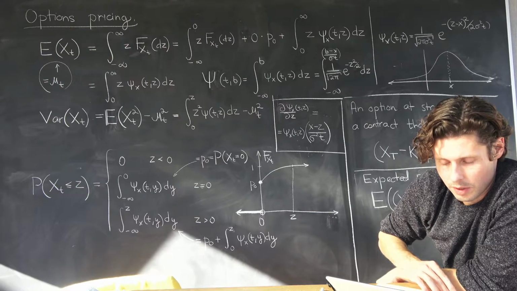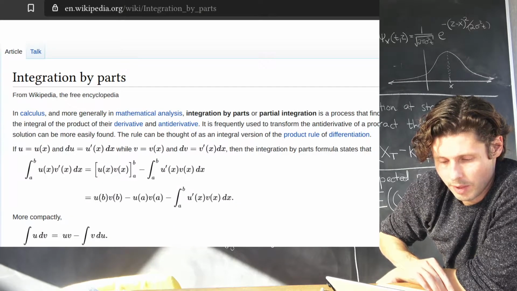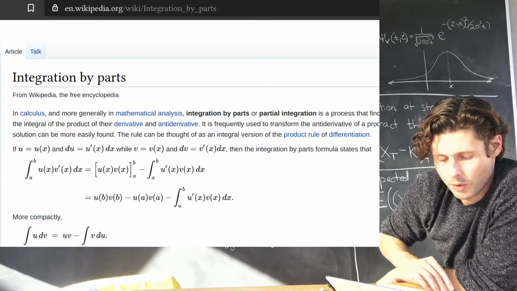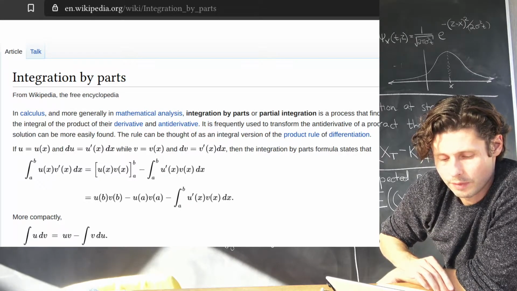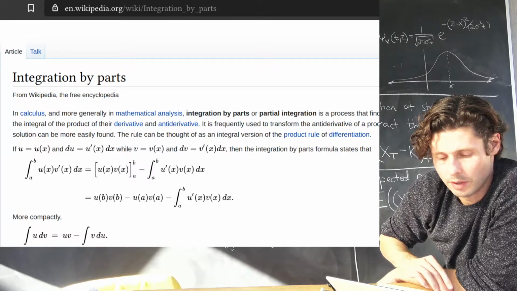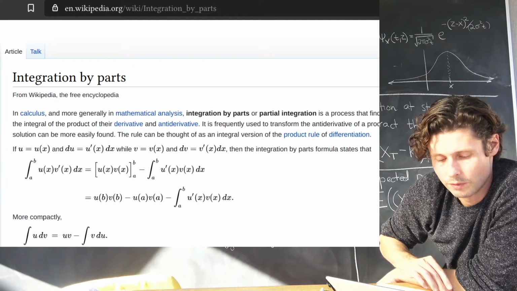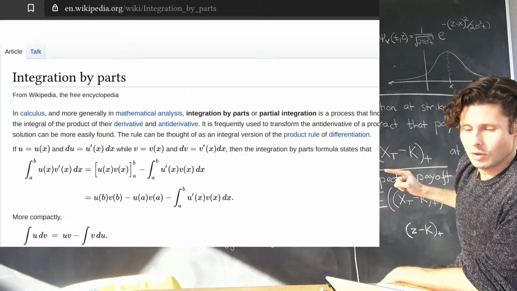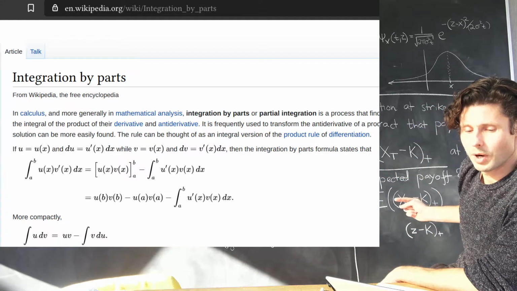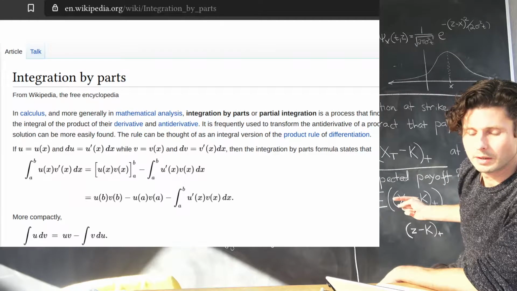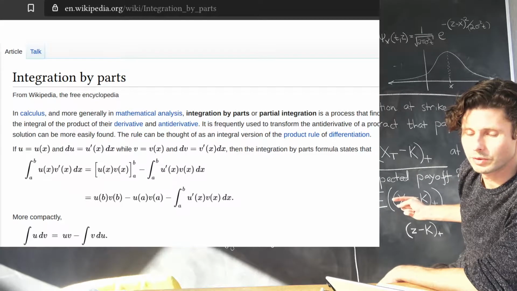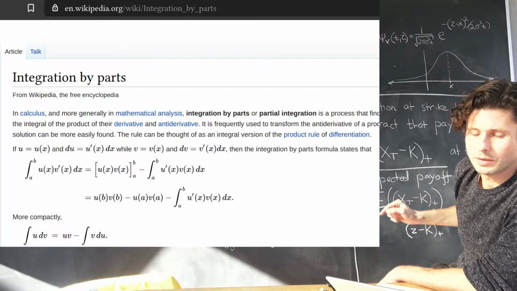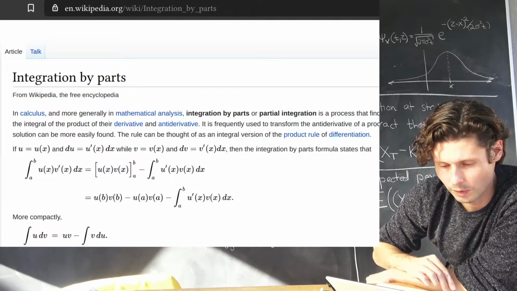There's another trick that sometimes is useful, which is integration by parts, and so this is a way of transferring one derivative of the integrand from one function to the other. So if in the integrand you have two functions, you can try to rewrite it as a slightly different integration problem. You see how we went from the derivative on the v transferred over to a derivative on the u, and so that's often pretty useful.